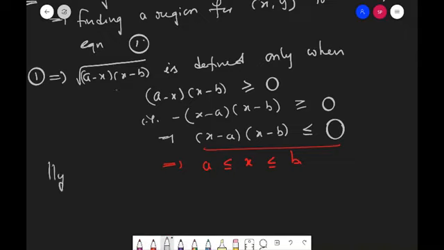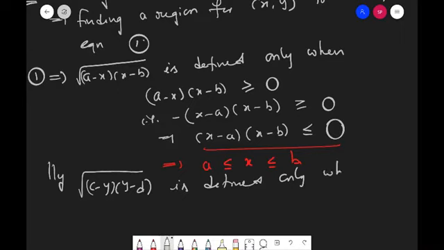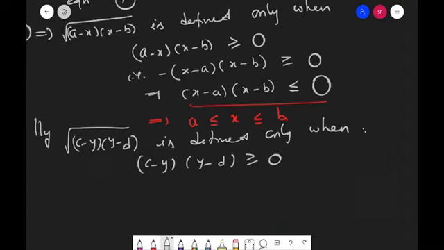what is the other term? Under root of (c minus y) into (y minus d) is defined only when (c minus y) into (y minus d) is greater than or equal to 0.